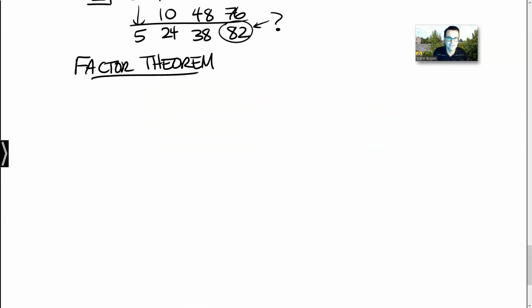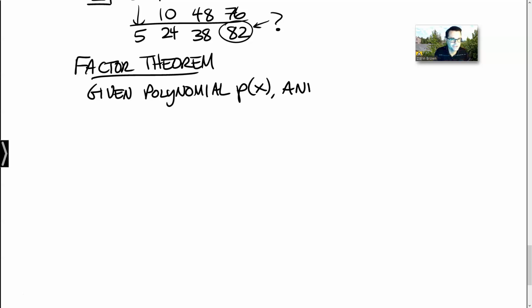So it says, given a polynomial p of x and, let's just say, a real number c, just c in the real numbers.